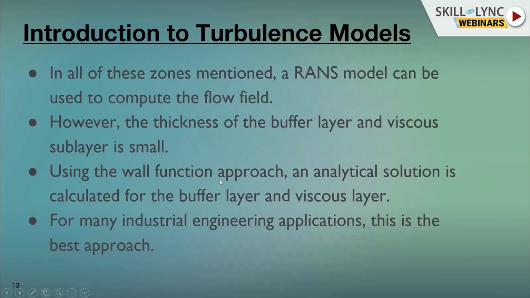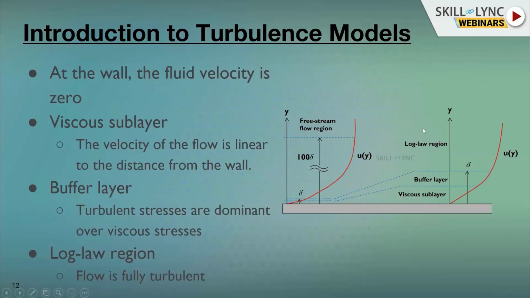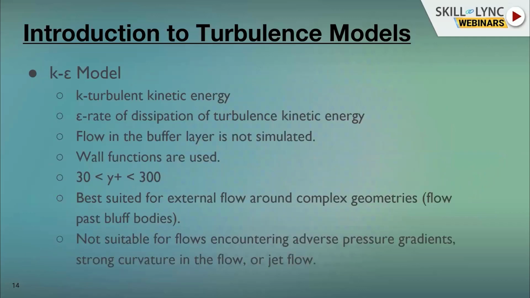A wall function is nothing but an empirical approach wherein it obeys the physics near the wall, so that we can calculate the flow parameters over that region, and we just need computational mesh only to capture the log law region. So that is the whole objective of the RANS approach. Now we will come individually to each and every turbulence model and its applications. Then we will see some other aspects of turbulence modeling like Y plus.